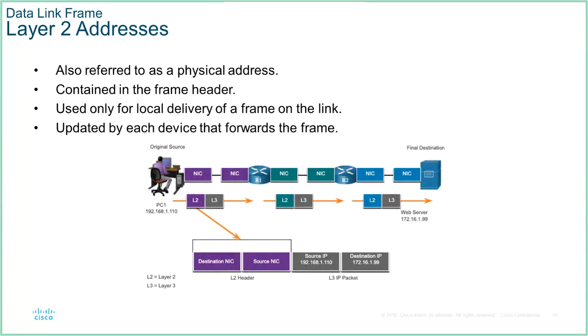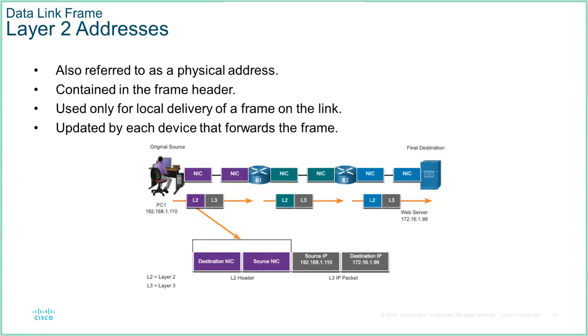So it has brand new headers for the next leg of the journey. Router 2 picks it up, does the same thing, looks at the destination and goes, you're on this outbound interface. This now becomes the source MAC address, and this is the destination MAC address. The layer 3 packet does not change in transit, only the headers at layer 2.